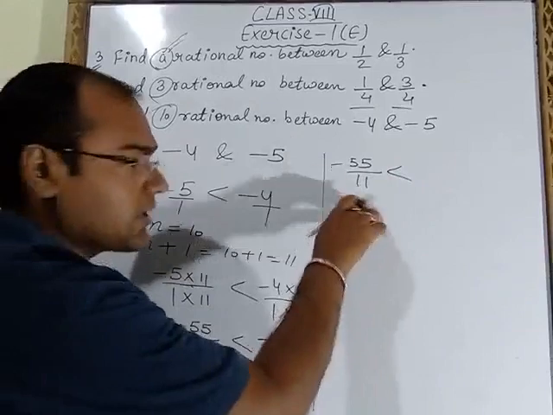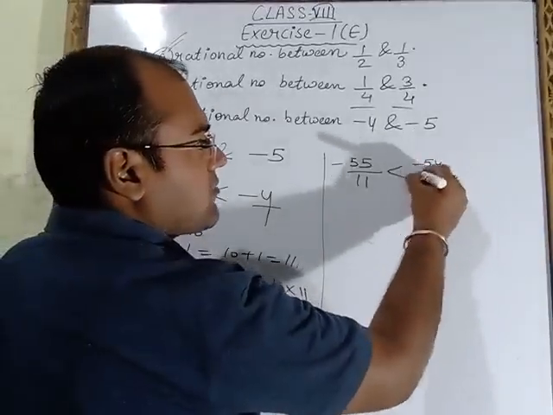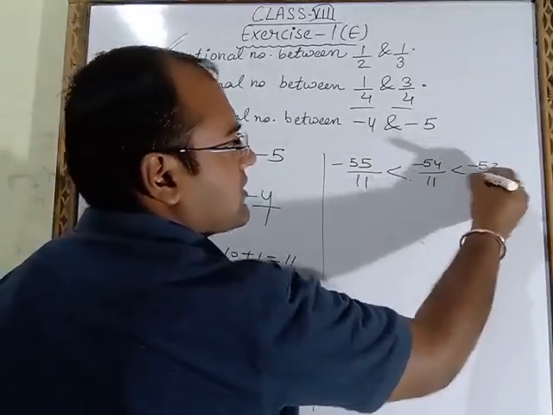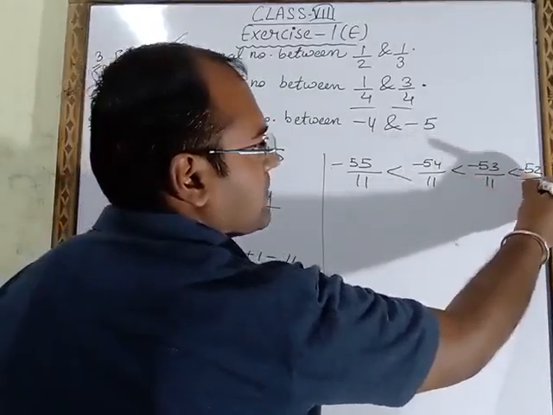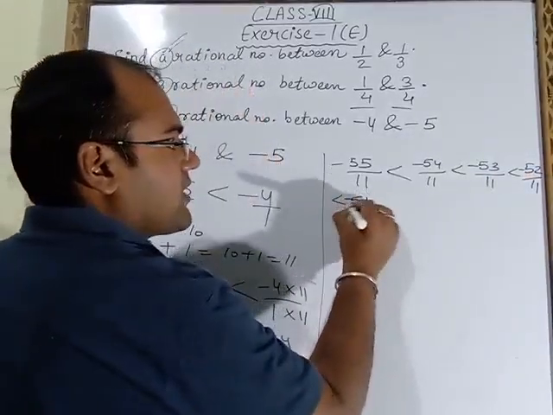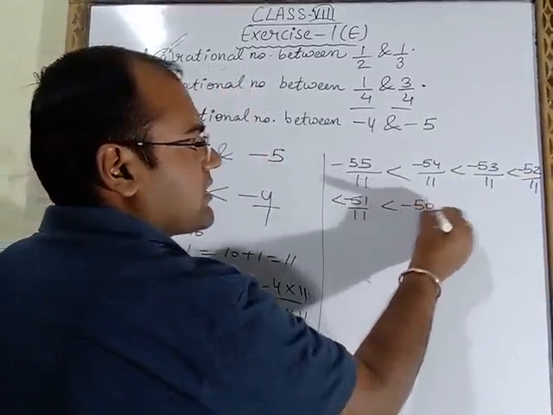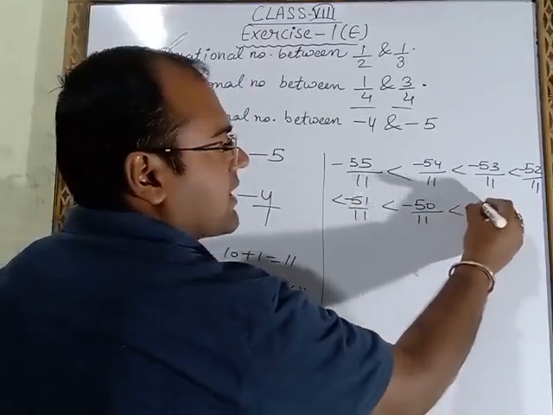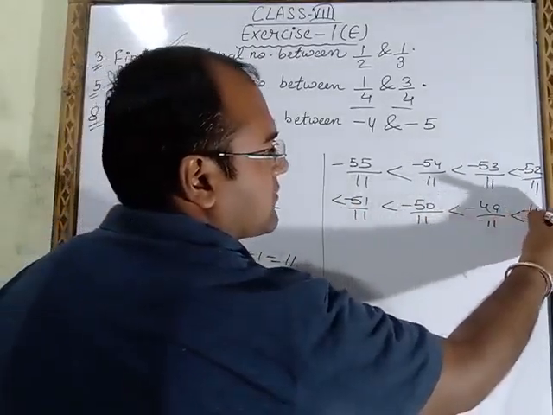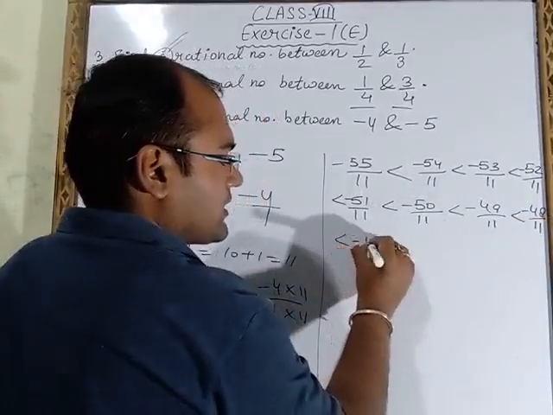So you have to write -55 upon 11. This is the smaller number. Then the greater numbers will be -54, -53, -52, -51, -50 upon 11, -49, -48, -47.